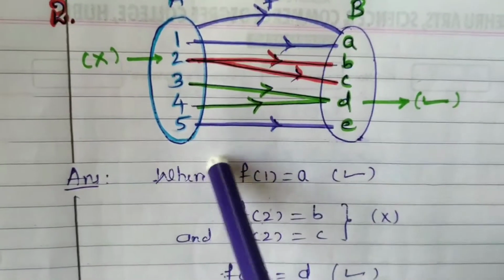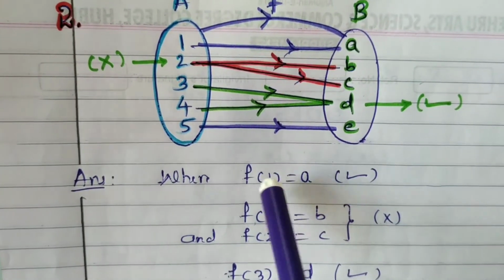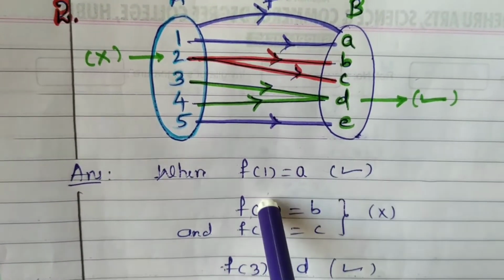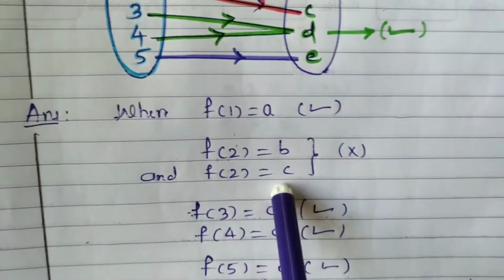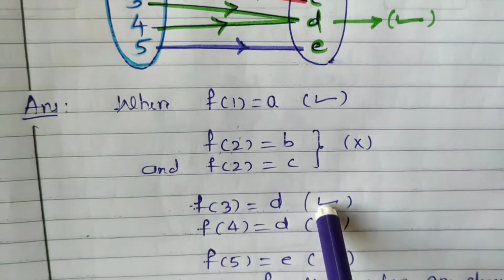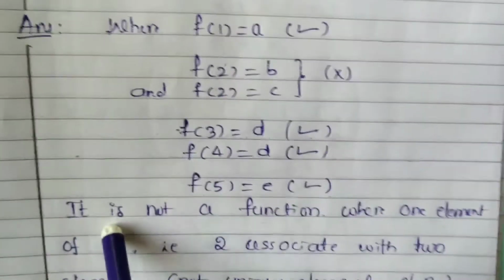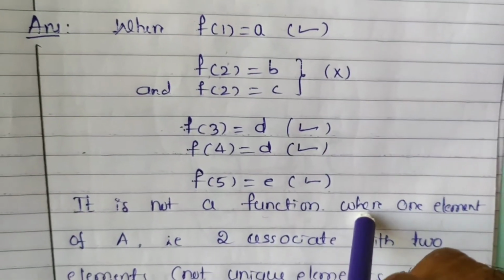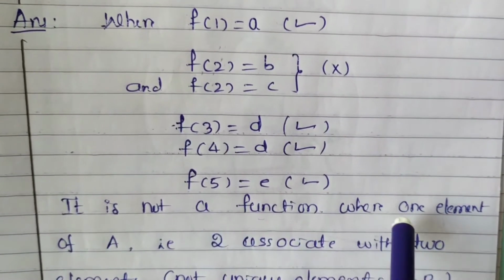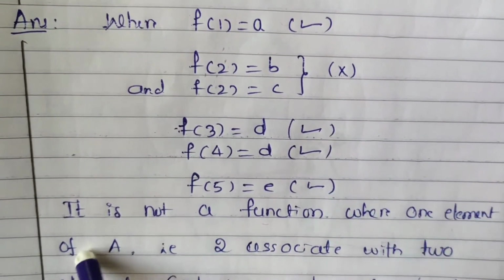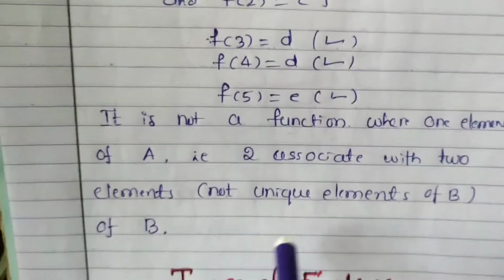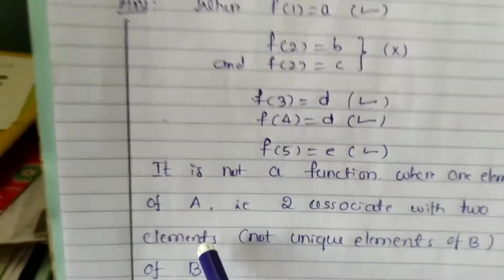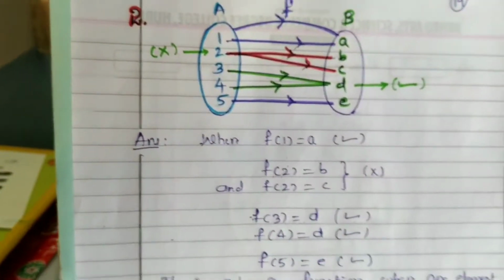That is the answer: f of 1 equals A, correct. f of 2 is B and f of 2 is C, this is wrong. f of 3 and f of 4 are D and D, it is right. f of 5 is E, right. It is not a function, where one element of A is associated with 2 elements of B, not a unique element of B. Therefore, this mapping is not a function.